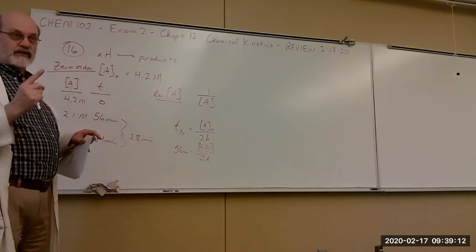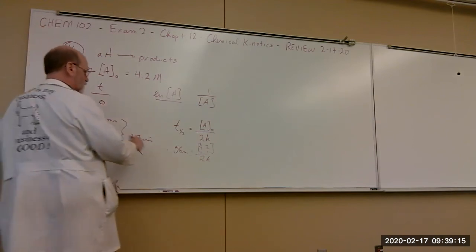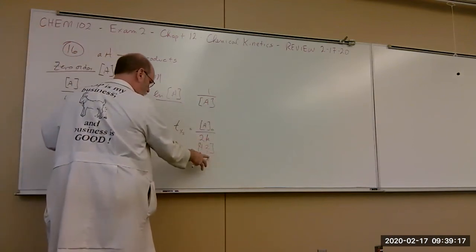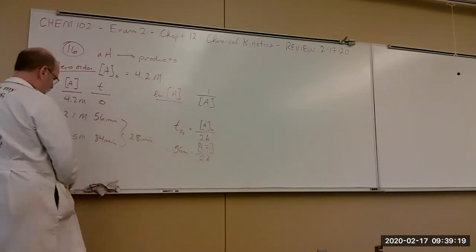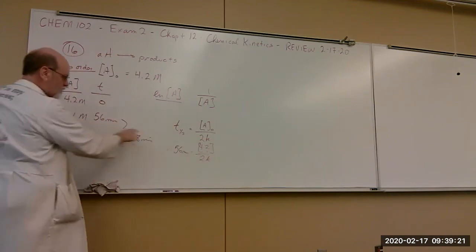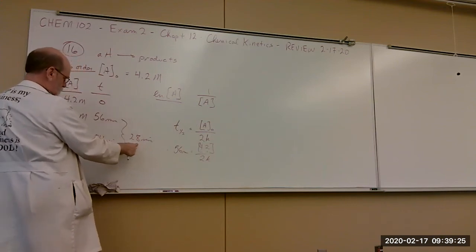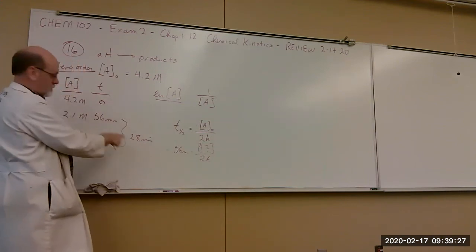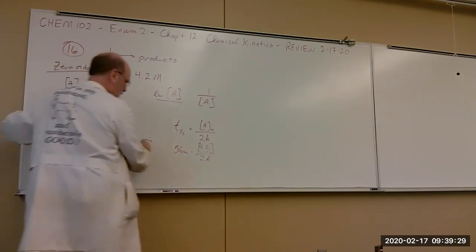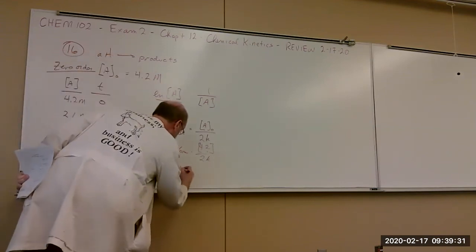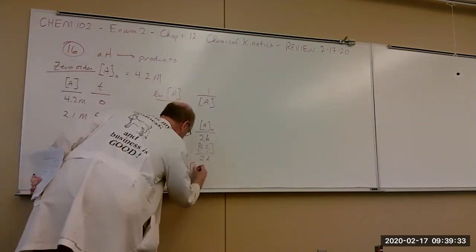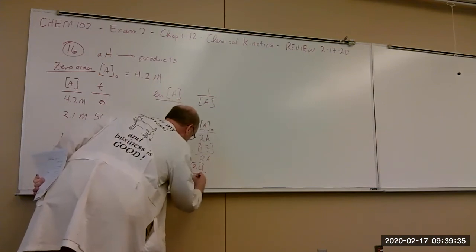Remember, K is a constant. So if you do the calculation as a zero order for this one, and then you set this one as your A0 and say 28 minutes, because that's your half-life. This one. So it would be 28 equals 2.1 over 2K.